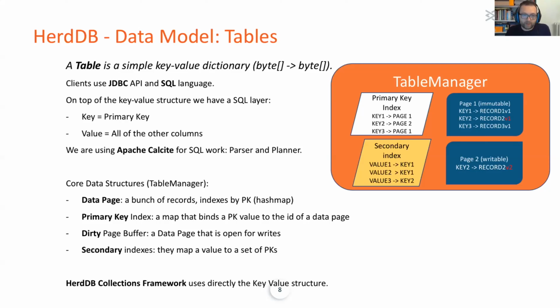That's a map that binds a primary key value to the ID of the data page that currently contains the latest value for the record. We have the dirty page buffer. That's a data page that is open for writes. And we have secondary indexes. Secondary indexes simply map values of some configured columns to the primary keys of the record.